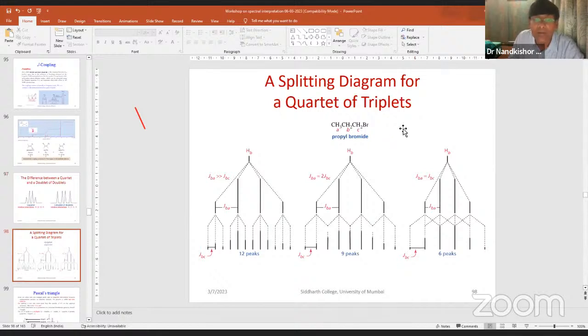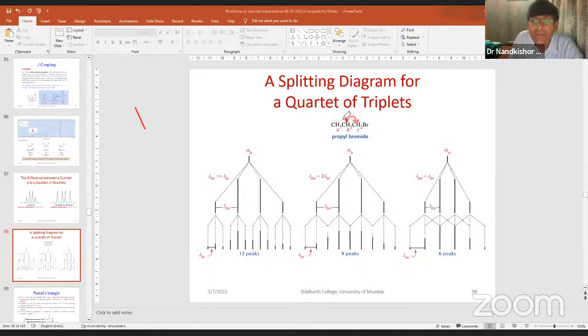Now look at this example. CH3, CH2, CH2, Br. Now this CH3, the terminal A, couples with this B, so this will be a triplet. The terminal one attached to the Br will again be a triplet. Now, if you see the middle one, it is next to the CH3 and CH2.